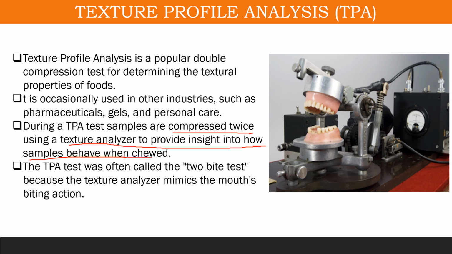As we can see in this figure, we have two compressing units which compress and provide us the feel in a similar way that our mouth would provide. The TPA test is often called the two-bite test because the texture analysis mimics the mouth's biting action.